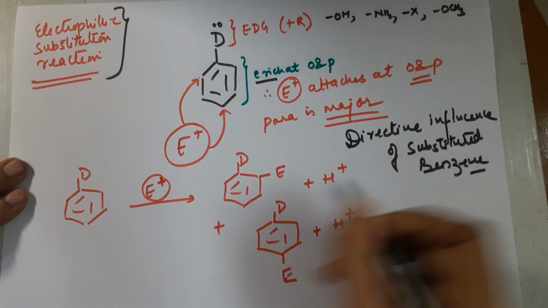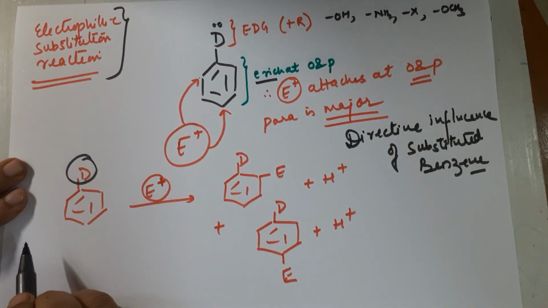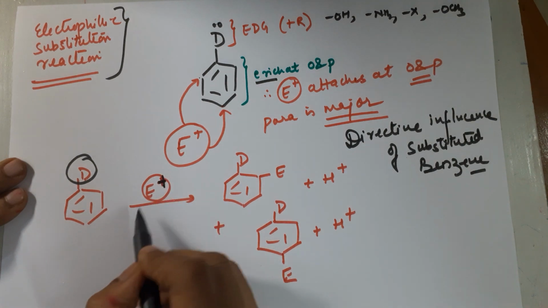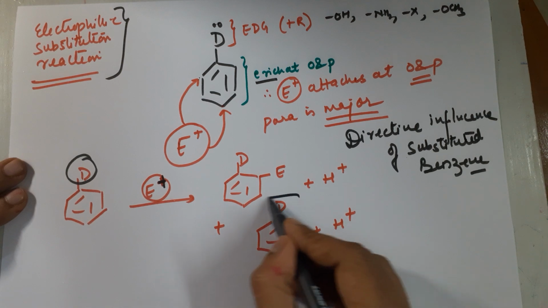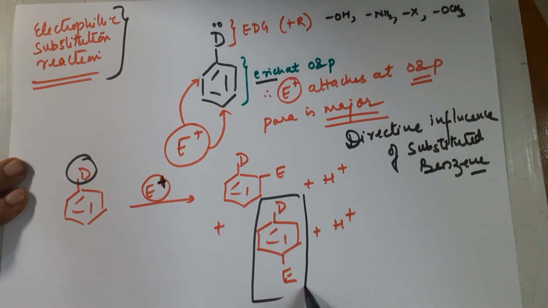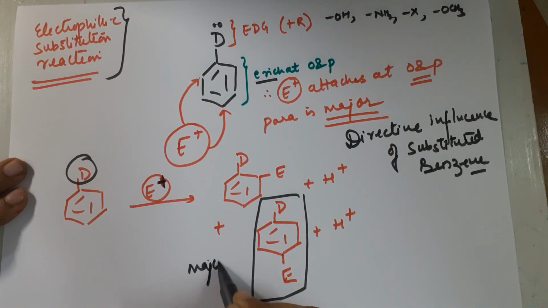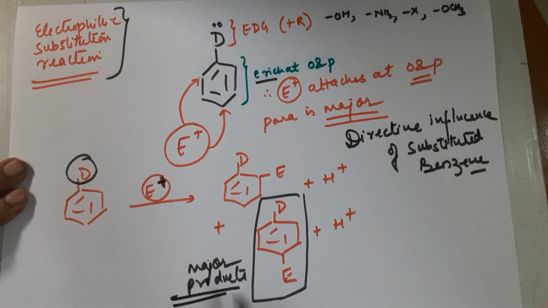So, if there is a benzene which has got a D, a donor group, then the electrophile would always approach the ortho-para positions, and out of these, the para product is your major product due to less hindrance to the approach of the electrophile.